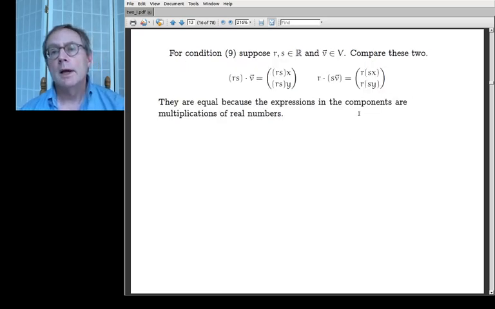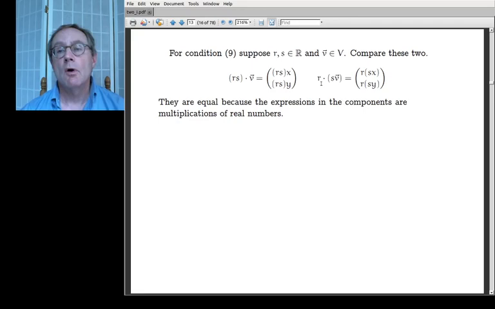Condition 9. We have to do here two real numbers that are multiplied together, two scalars. So it might be 7 times 5 multiplied times the vector v. You get the same result as if you took 7 times 5 times v. And you just check here that the definition of rs scalar multiplied times v is rs by the x and rs by the y.